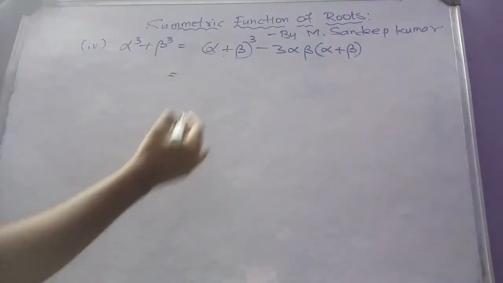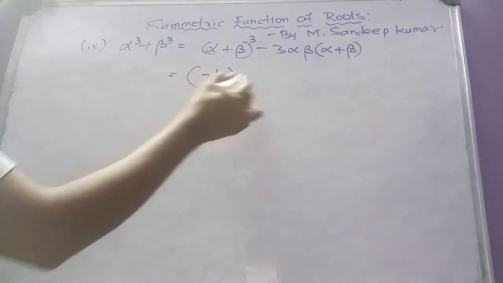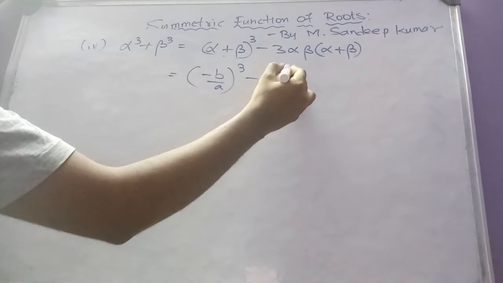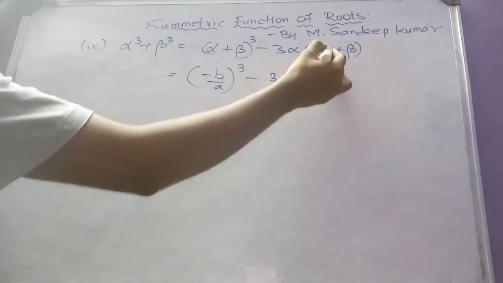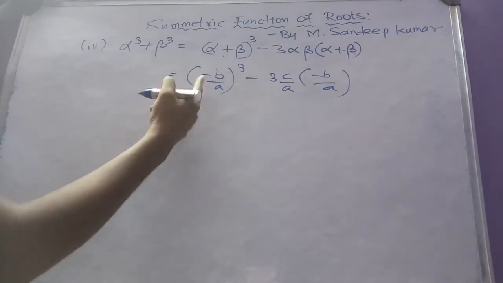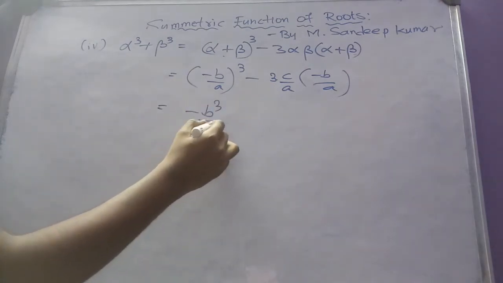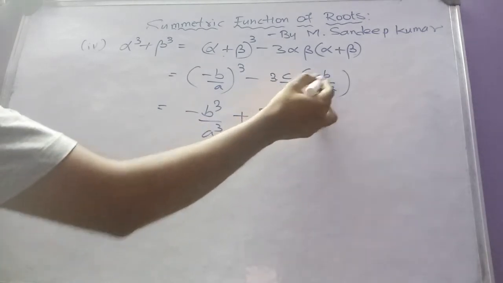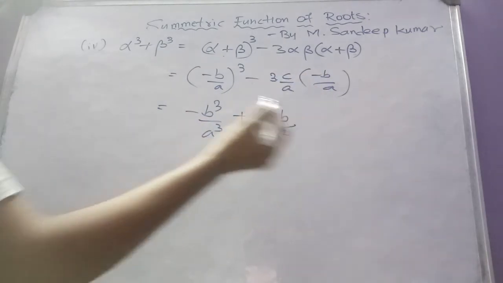So we can take alpha plus beta as minus b by a and whole cube as it is, minus 3 into alpha beta, which is c by a, and alpha plus beta, which is minus b by a. This is minus b cube by a cube, and then minus into minus is plus 3cb by a square.